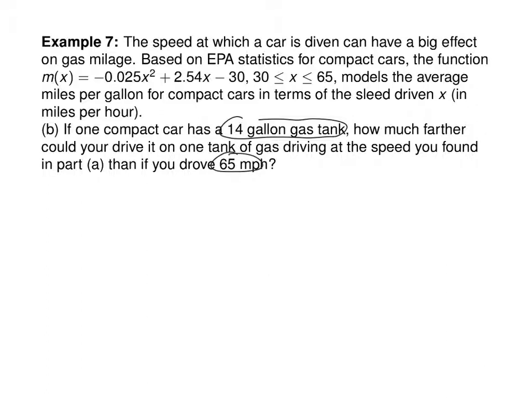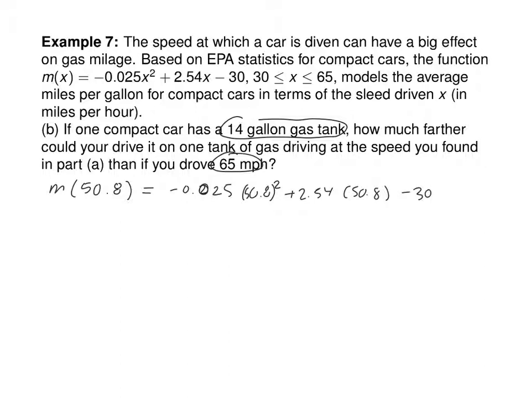Okay, so we can figure out the miles per gallon for going 50.8 miles per hour. So find m of 50.8, as in plug that number in: negative 0.025 times 50.8 squared, plus 2.54 times 50.8 minus 30.